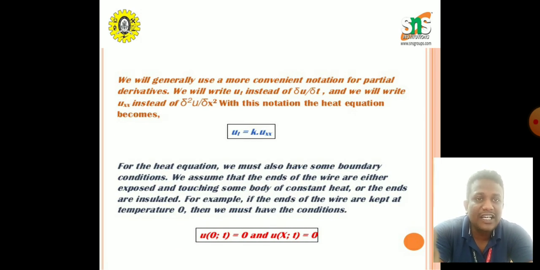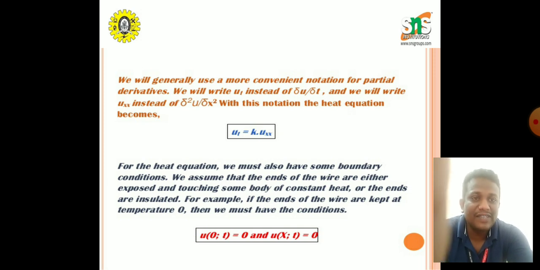We will generally use a more convenient notation for partial derivatives. We will write ut instead of dou u by dou t, and we will write uxx instead of dou square u divided by dou x square. With this notation, the heat equation becomes ut is equal to k times uxx. For the heat equation, we must also have some boundary conditions.